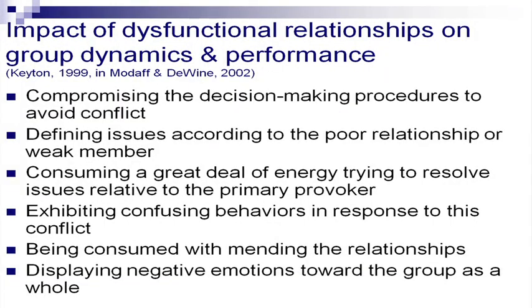Being consumed with mending the relationships. We want that person to be a part of the group, we want that person to feel like a part of the system. So we start mending relationships, and we say that if this person's behavior can be converted from dysfunctional to functional, or at least neutral, the rest of the problems will be resolved, and that puts the achievement of the goal on a back burner.